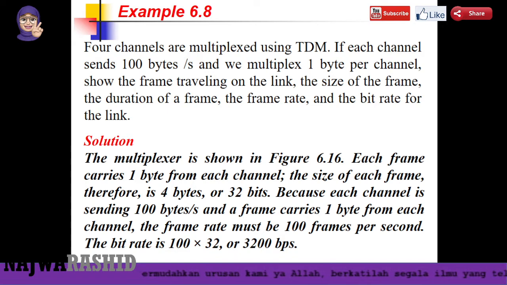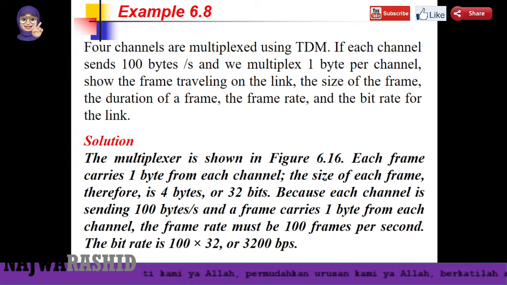So in this video, we will continue on the example of the TDM, Synchronous TDM. You can look at this example using Synchronous TDM. Let's say we have 4 channels and we want to multiplex these 4 channels using the TDM.